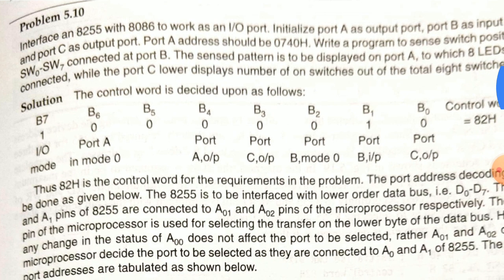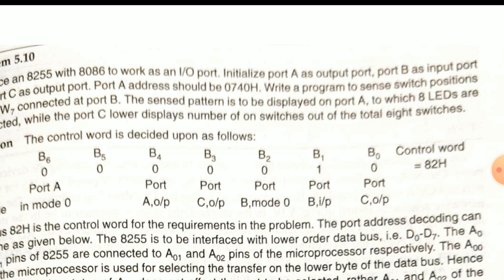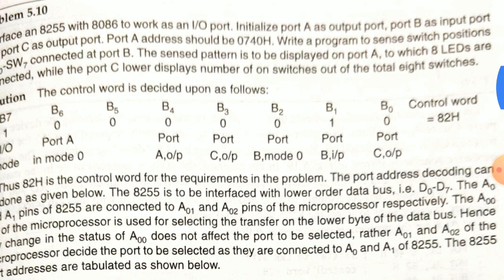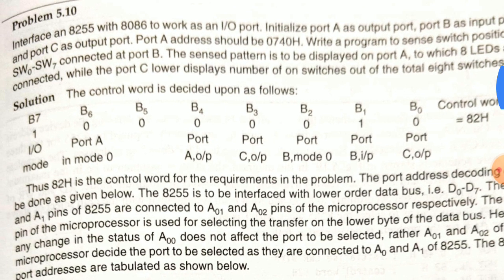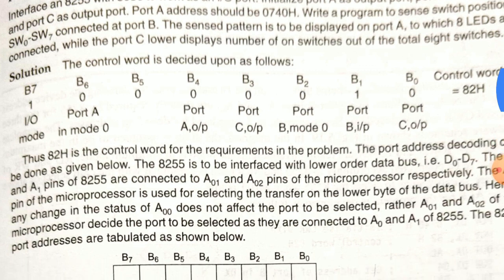And what about the B2 bit? B2 indicates the mode selection for port B. Here B6 and B5 are for mode selection of port A, and B2 indicates the mode selection of port B. So when B2 is 0, the port B is operating in mode 0.